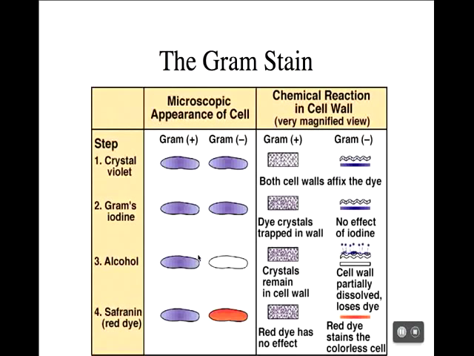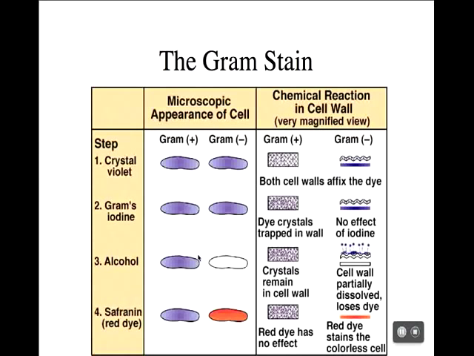If everything was pink, you would think, well, maybe I forgot to add the iodine, right? Those sorts of questions could come from there as well. So in the gram stain, I do want you to know the steps, and I want you to understand how that differentiates between a gram-positive cell and a gram-negative cell.